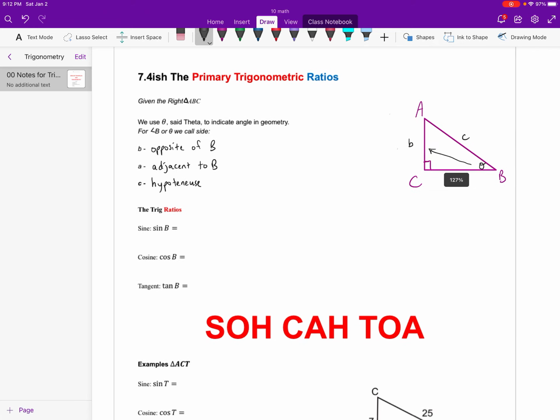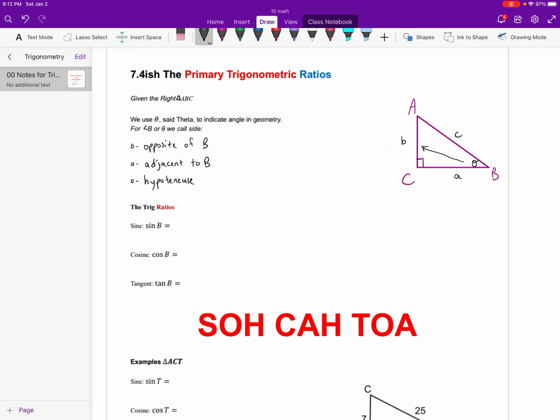Okay. So for the trig ratios here, sine B is defined as opposite over hypotenuse. And cosine is defined as adjacent over hypotenuse.